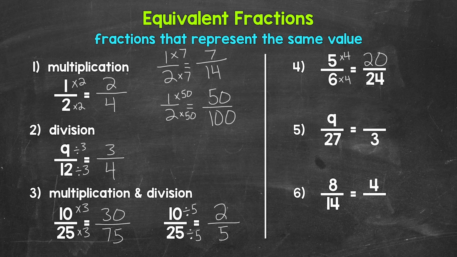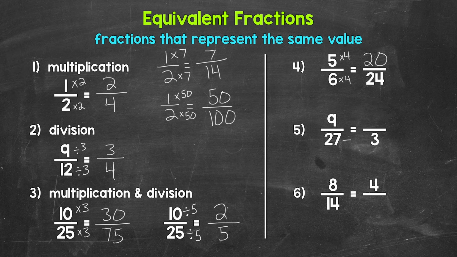Let's move on to number 5, where we have 9/27 equals what over 3? So how many thirds? Well, we have both denominators here. We have 27 and 3. So we need to think, how do we go from 27 to 3? How do we get 27 to equal 3 using multiplication or division?